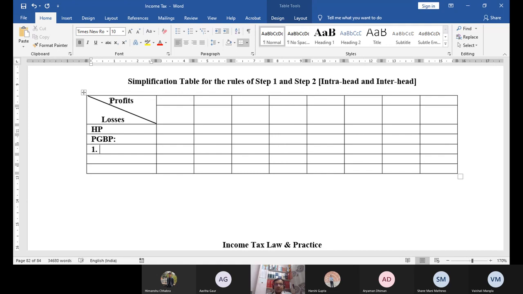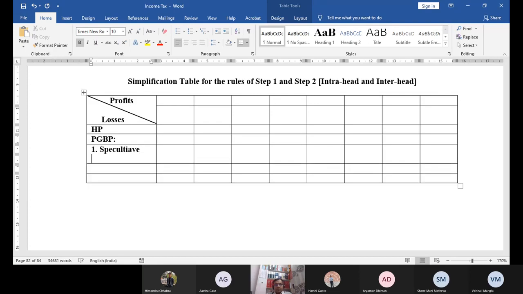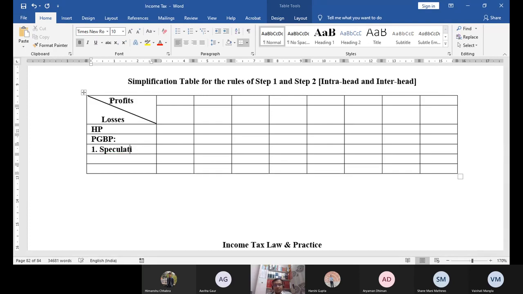Within PGBP, I have three categories. First, speculative. Second, non-speculative, but within non-speculative, you know that there are two categories.